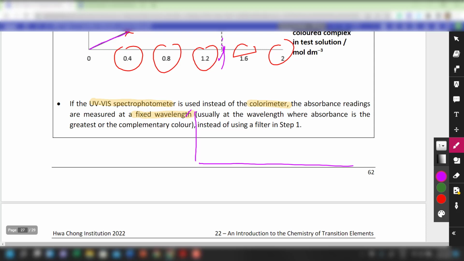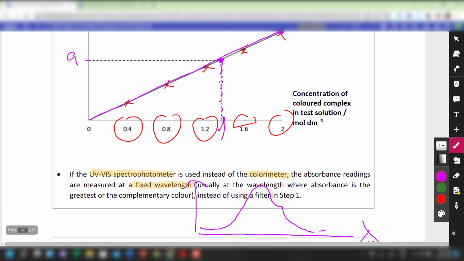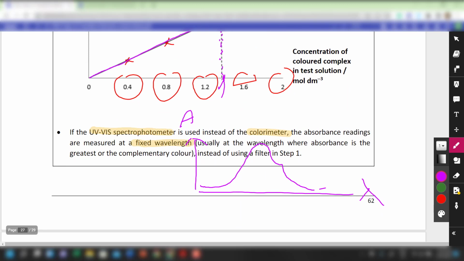Maybe I should draw a nicer graph. It will absorb something like this. So this is the wavelength, and this is the height, the magnitude, so this is the A. Technically speaking, we can take any of these points, but normally we will just fix our wavelength.